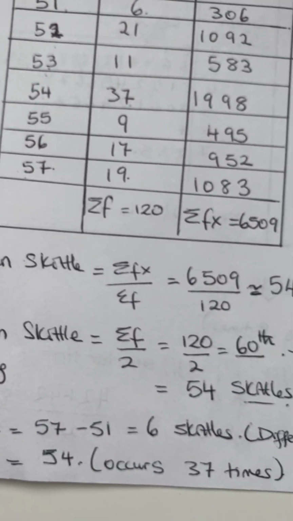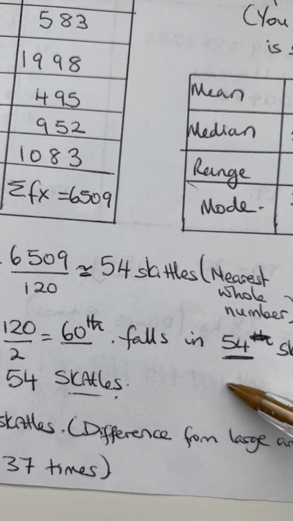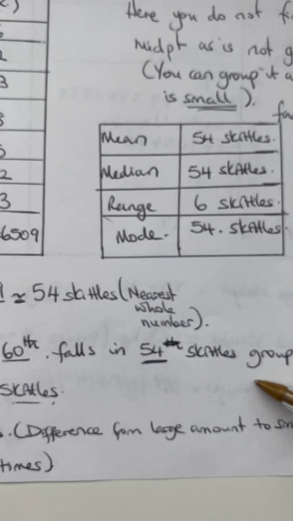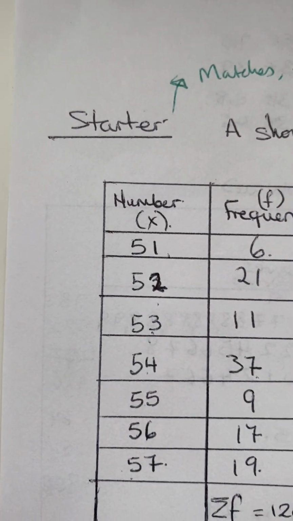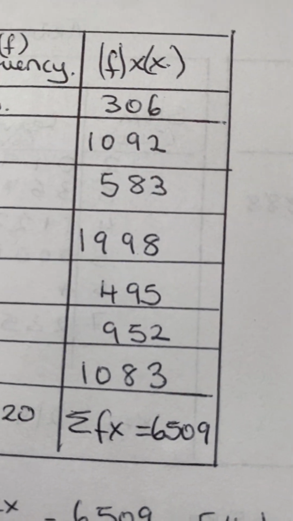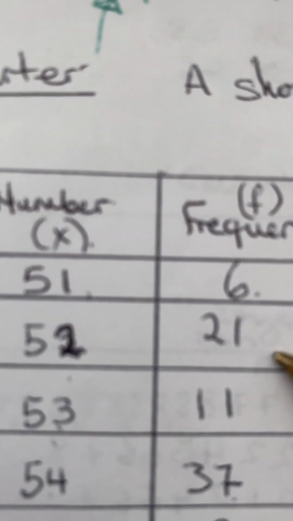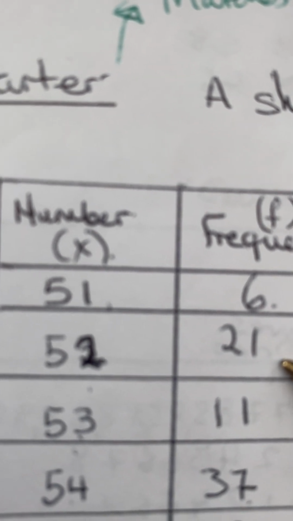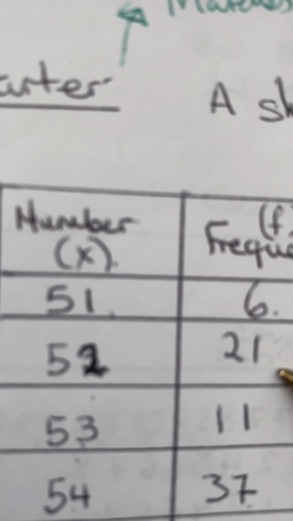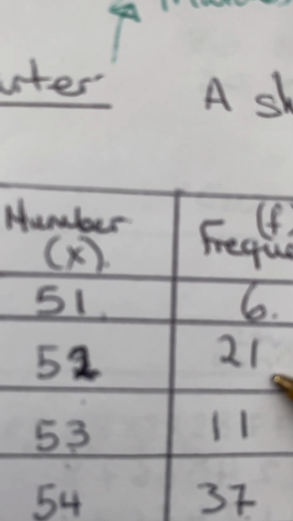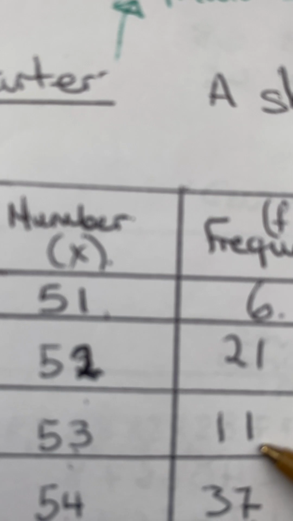So now, if you do that, the 60th skittle falls in the 54 group. Now let's check and see. So we want the 60th. So the first 6 will be 27, and then you add 27 to 11.